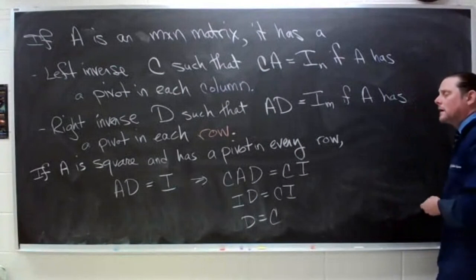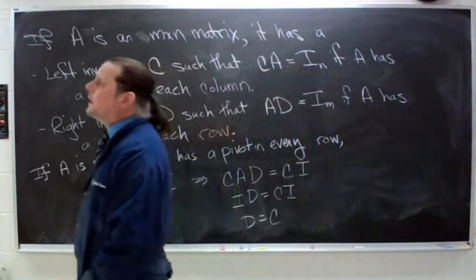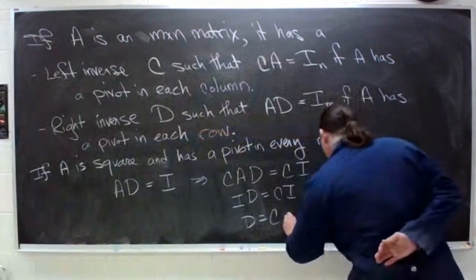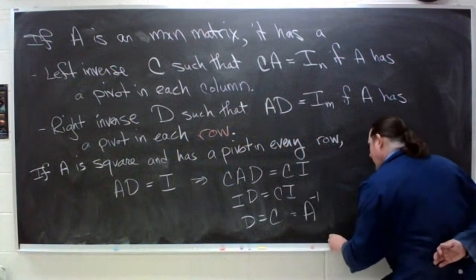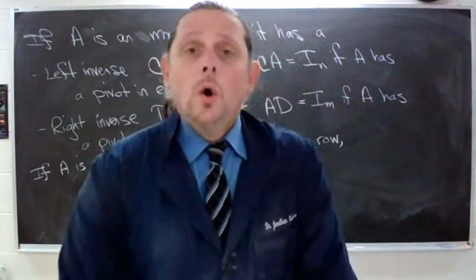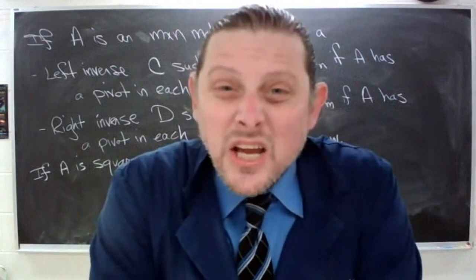So in this case, if A is square, its left and right inverses are the same matrix. And we just call them A inverse. And this is why we say that such a matrix is invertible.